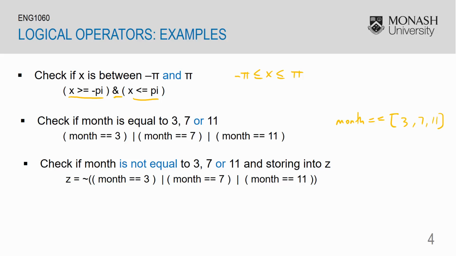And finally, I'm checking whether the month variable is not equal to 3 or 7 or 11, and I'm storing this result into a variable z. So z can either be true, which is 1, or false, which is 0.